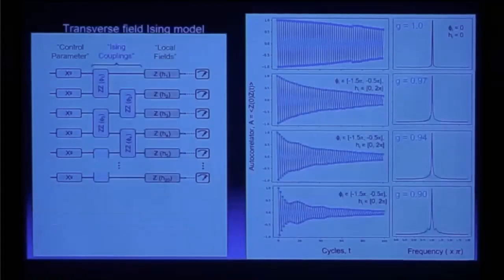But something a little more interesting happens when you turn on the interaction between the qubits, and then you see some phase locking between the qubits. When you go away from these perfect rotations, you can still see one single peak in the frequency, meaning that all of them now are responding in unison, and they are doing the same thing together. So they are getting phase locked to each other.